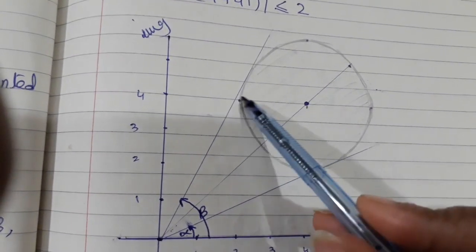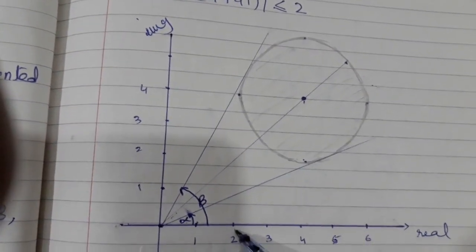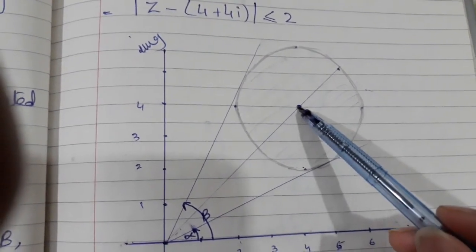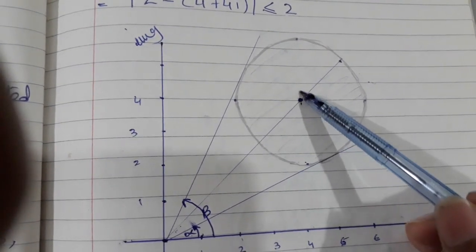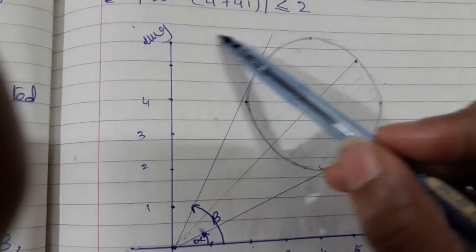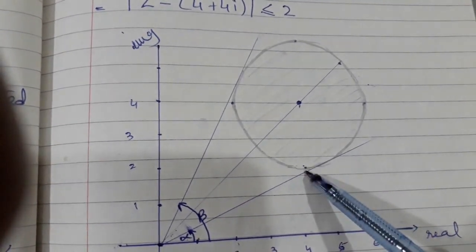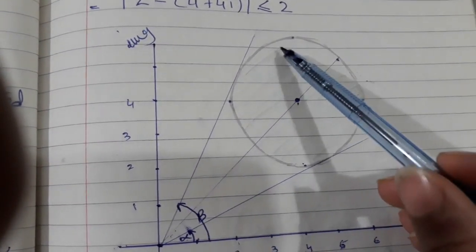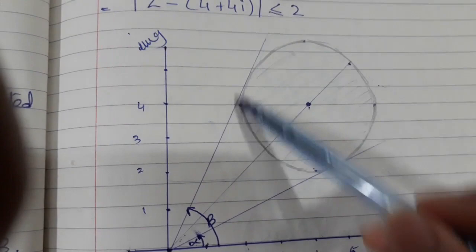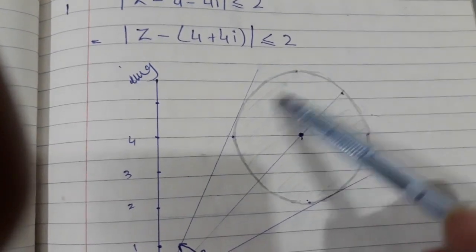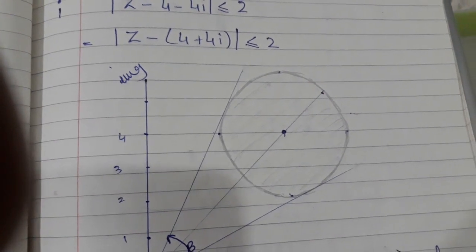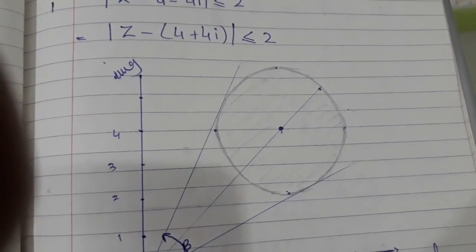If the radius is 2, it will be marked at 2. If it is 2 here, it will be marked at 6. 2 radius up, it will be 6. 2 down, it will be 2. So you need to mark 4 important points and then draw a circle. Because the question is saying less than or equal to 2, I'm shading the inside region. So this completes part 1.